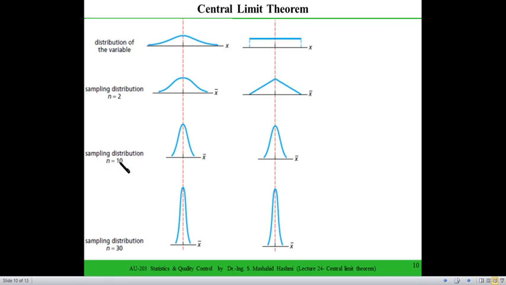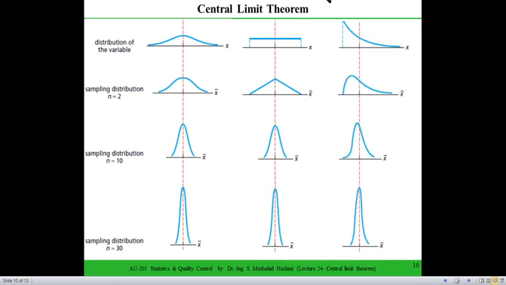If you increase the sample size, then your distribution looks like this. So at n of 30 or greater, whatever your population distribution is, your sample mean distribution would be a normal distribution. That is the statement of the central limit theorem.